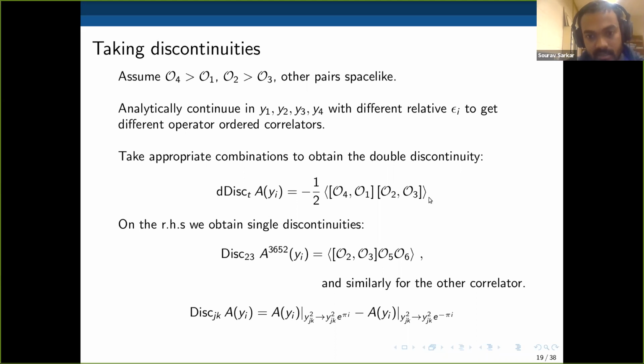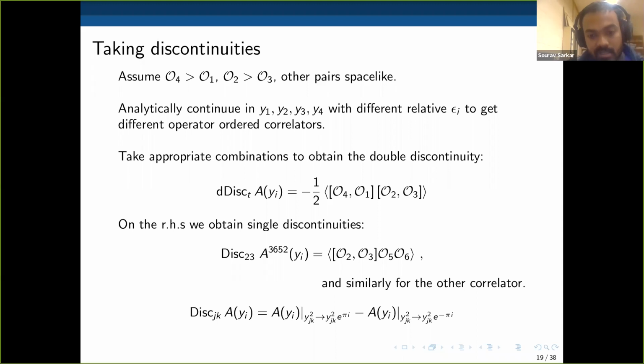On the right-hand side, one correlator depends on 2, 3 and the other correlator depends on 1, 4, so we get single commutators, and the single commutators are equal to a discontinuity of the correlator, which is defined by this. We take the pair that has the commutator, take that distance and rotate it by half a circle, and then half a circle in the other direction, and the discontinuity is the difference.